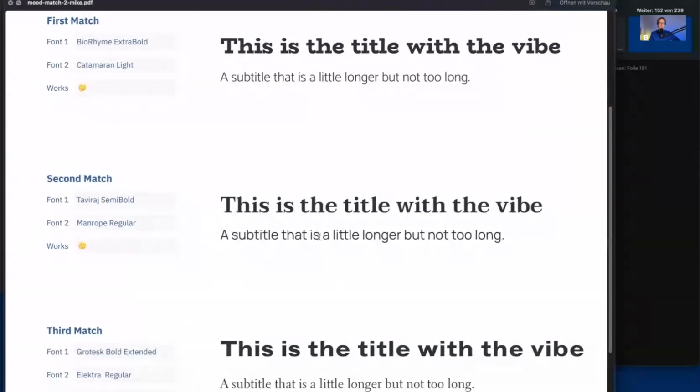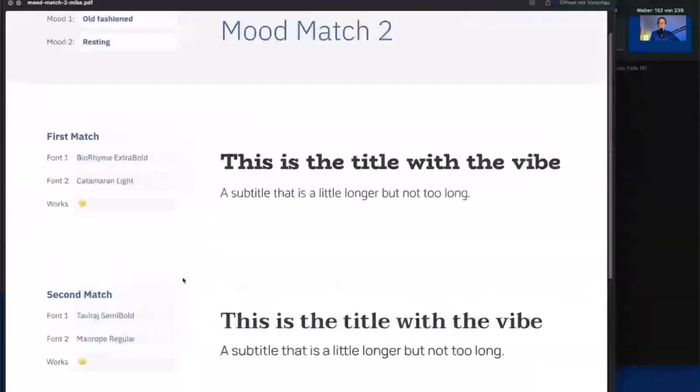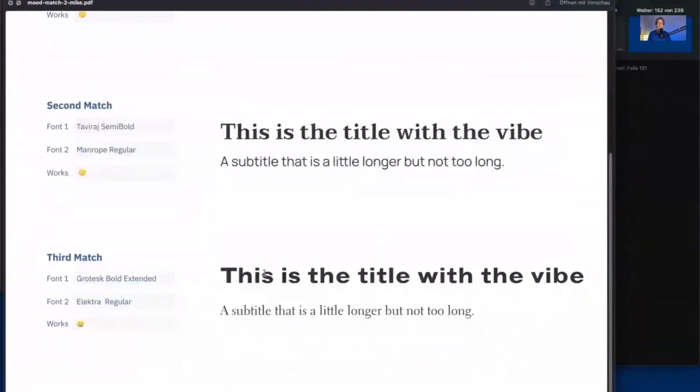And here, what was the theme again? Old-fashioned and resting. Yeah, Old-fashioned Grotesque Bold Extended works to me as old-fashioned since it's a bit quirky. It's not that clean like Helvetica, which would also be a grotesque, but a neo-grotesque then. But here you can see that these two typefaces should not be used in these roles, I think, because you have the Grotesque Bold Extended.